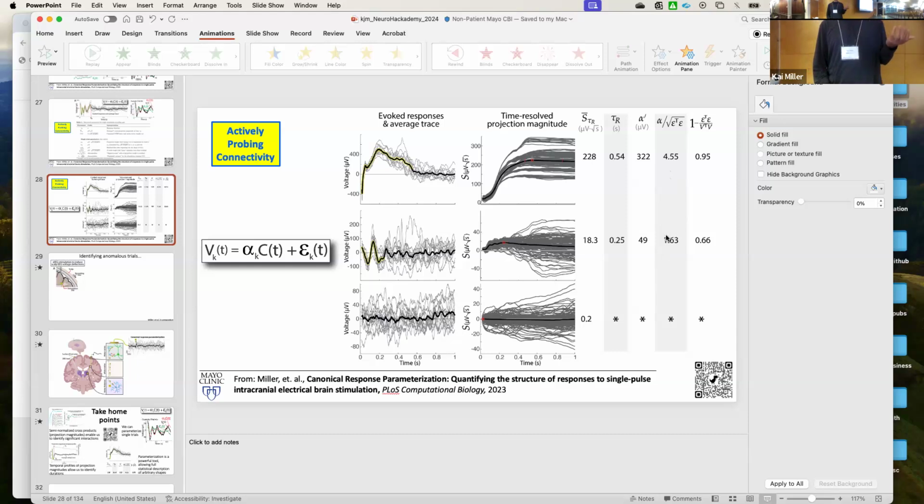We can extract structure with only 10 to 15 trials when our signal to noise is as low as 0.5 to 0.6 with this technique.